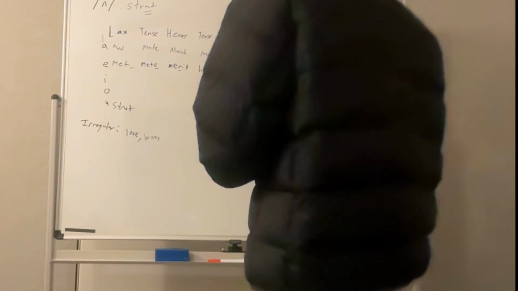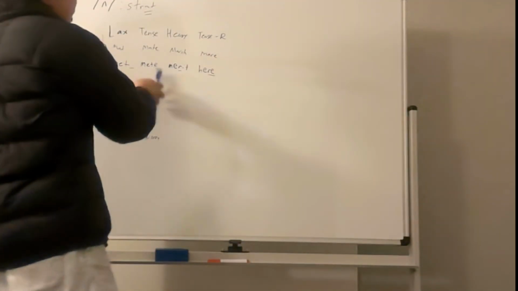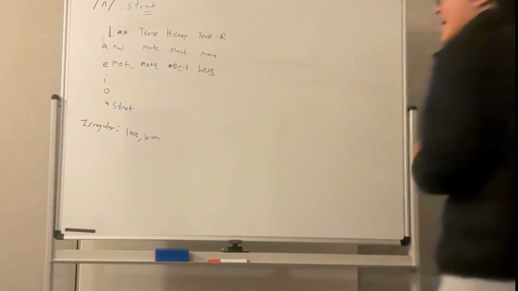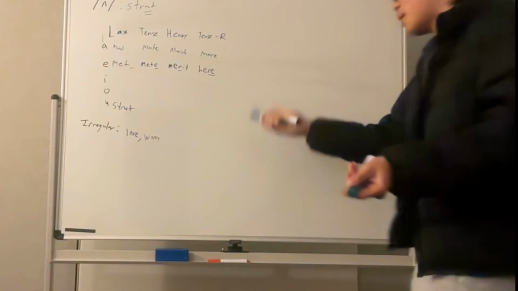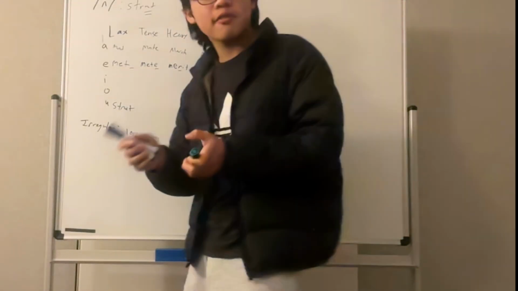So in addition to the silent E, there's another method to shift between lax and tense and heavy and tensile. There's another way to tensify, I guess, a vowel, and that is to make a digraph. For example, the word dream.